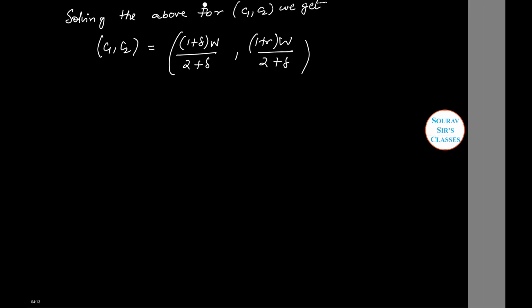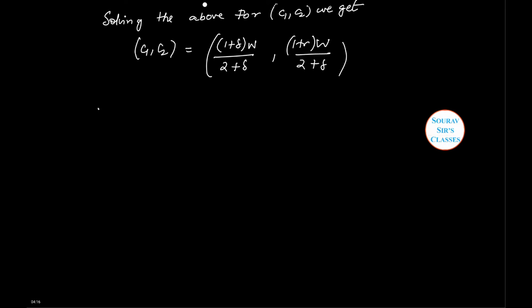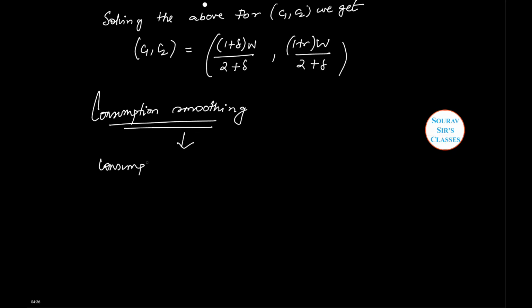Now, consumption smoothing was the question. Consumption smoothing occurs when consumption in both the periods is the same at the optimum.